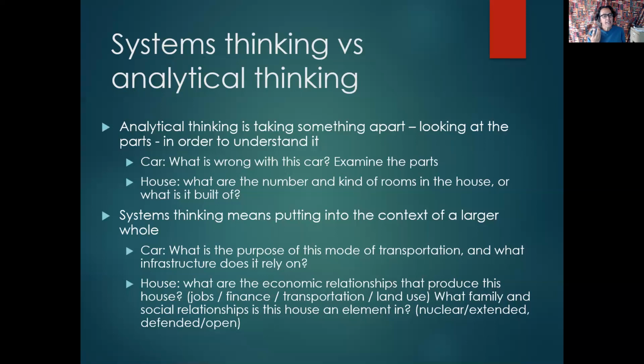Or you can look at a house in relationship to jobs and educational systems. You can look at a house as an element in a land use and transportation system because it implies certain kinds of modes of transportation more than others. Or you can look at houses in terms of what family and social relationships they imply.